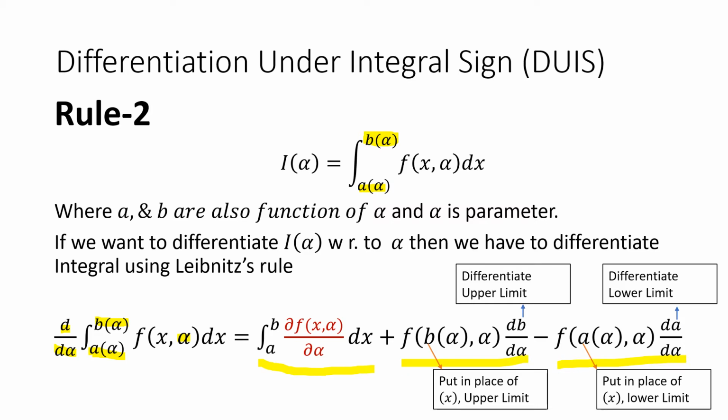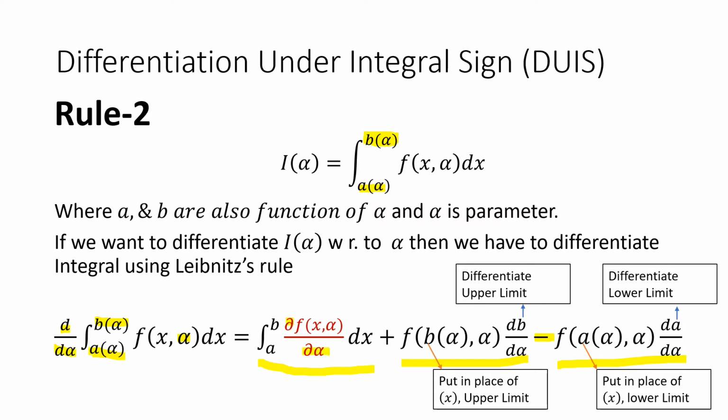You know the upper limit is always with a plus sign and the lower limit is always with a minus sign, that's why we got a minus sign here. One by one I will elaborate how we get the three terms and how we apply Rule 2. So d by d alpha we have to find for this integration. d by d alpha goes inside the integral and converts into del by del alpha.